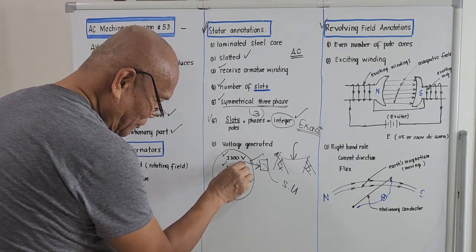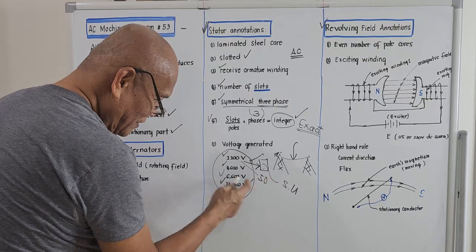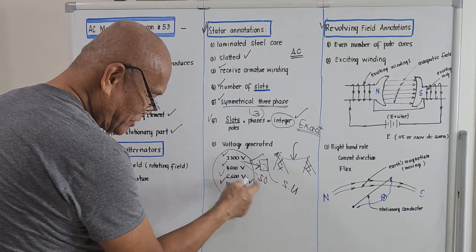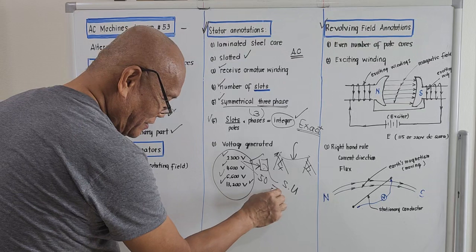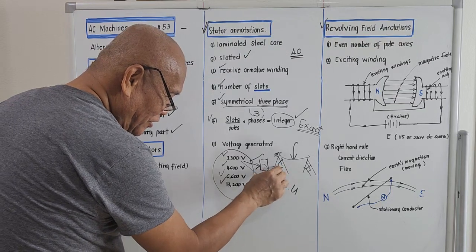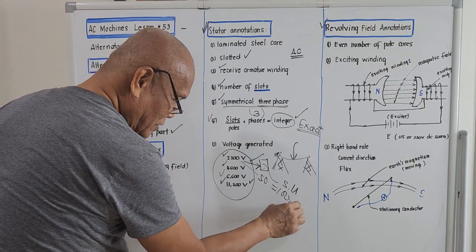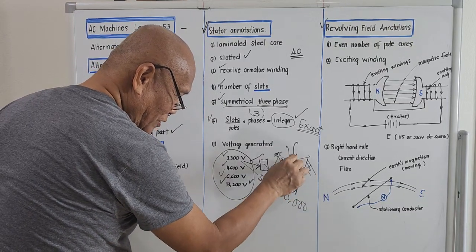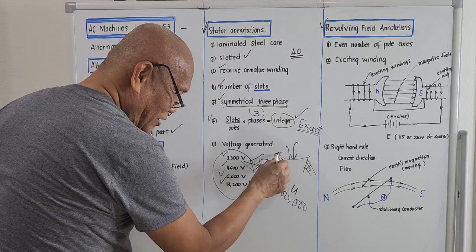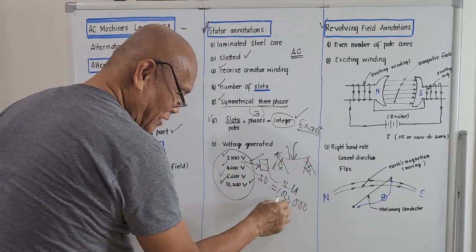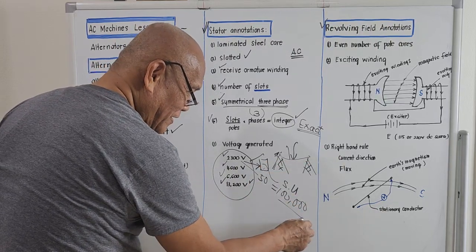So if we multiply this by 50 times, this 2,000 becomes almost 100,000 already, right? And it is feasible that we could feed this 100,000 volts to the transmission line. Then it travels 500 miles. This 100,000 is still very big.